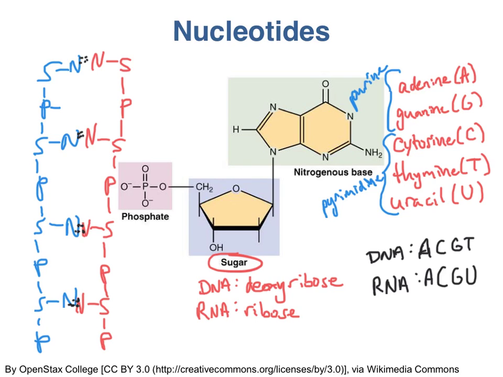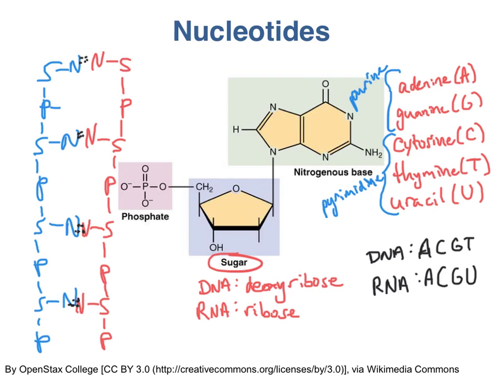They aren't permanently attached, but they are attracted to each other. And even though each individual nitrogenous base interaction is pretty weak, when you have hundreds of thousands of them lined up along a single DNA molecule, the collective cohesion between these two strands is pretty strong. And they're stuck together because of these bonds between nitrogenous bases.